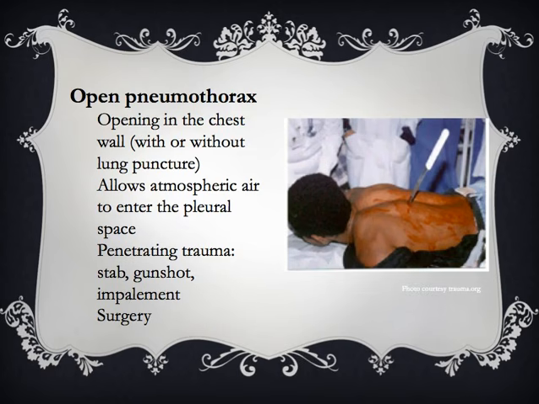The third type of pneumothorax is an open pneumothorax, and it simply means that the chest wall is open to atmospheric air. So with our patient here, you can see a stab wound penetrating through the chest wall. So this would become an open pneumothorax, particularly when the knife is removed. So our penetrating traumas, gunshot, stabbings, impalements, surgery create open pneumothoraxes.